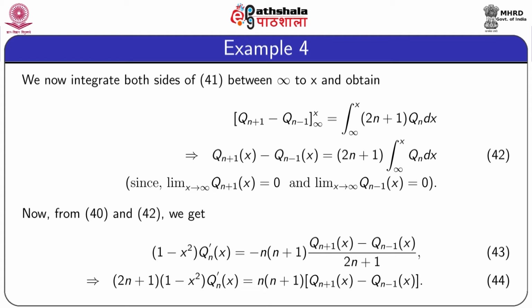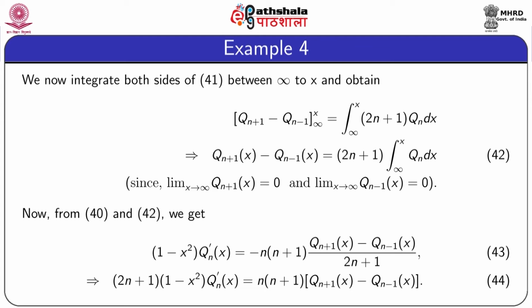If we expand it, we get Q n plus 1(x) minus Q n minus 1(x) is equal to (2n plus 1) into integration infinity to x Qn dx, because as x tends to infinity, both Q n plus 1(x) and Q n minus 1(x) are 0, and this is due to the fact that both the expressions contain x as a negative power. So, as x tends to infinity, x to the power minus n tends to 0.